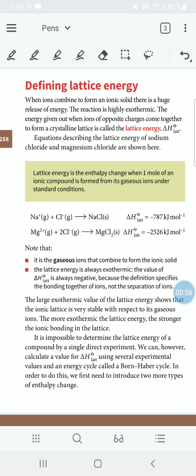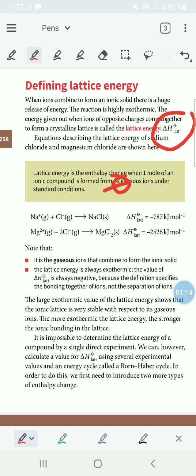This energy that is released when a crystalline lattice is produced from gaseous ions is known as lattice energy, and it is represented using the standard delta H symbol, delta H standard lattice.